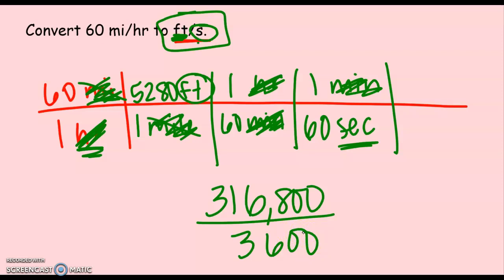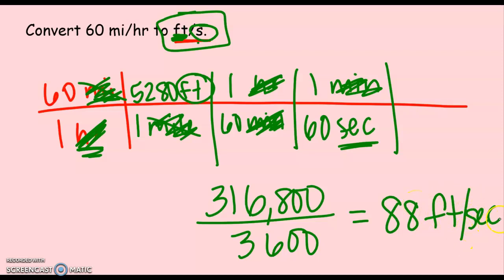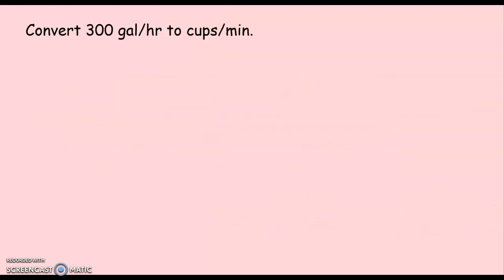I'm going to take 316,800 divided by 3,600, and I'm going to end up, look at that, 88 even. That would be 88 feet per second is going to be my answer. So if you're driving down the interstate at 60 miles an hour, that's the same as going 88 feet every second. Okay?